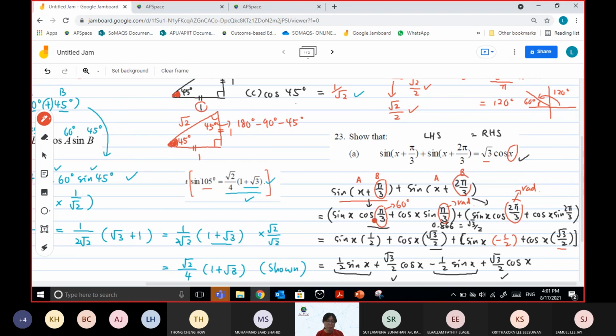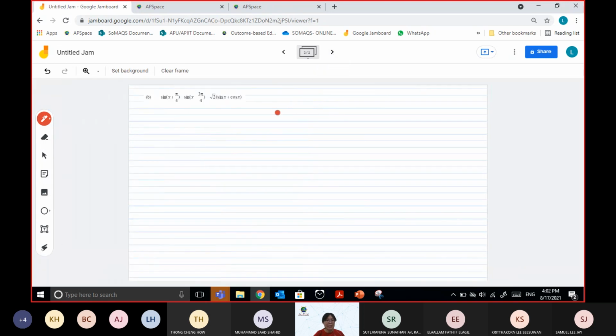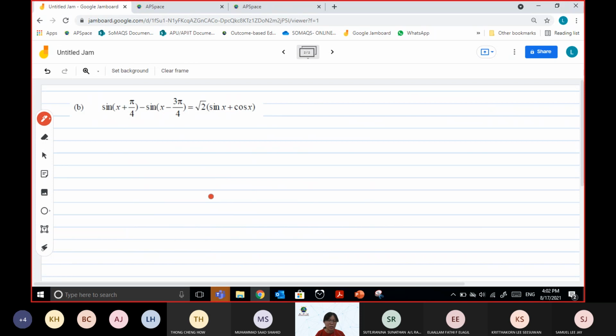So when we apply this formula, we will get cos pi over 3, sine pi over 3, and we can evaluate their values and simplify it further. Sometimes the answer also gives us some reference on what we expect and what formula we should use. Then let's continue with the next question.